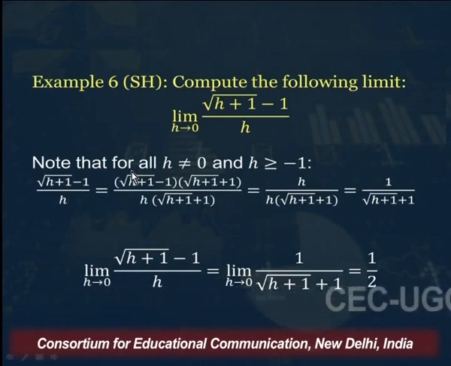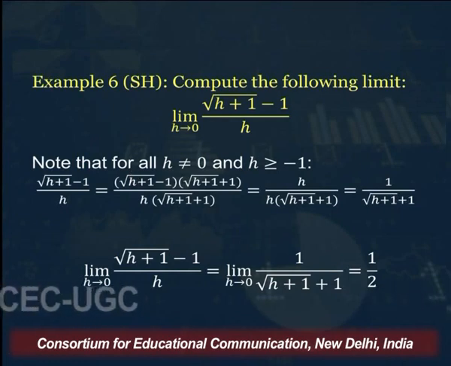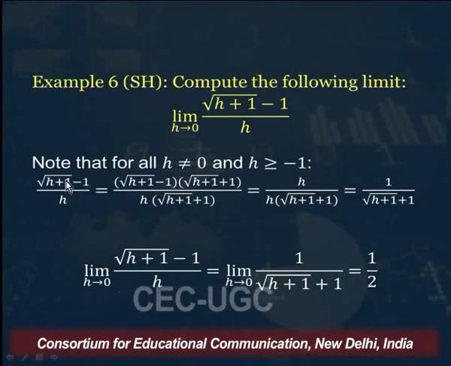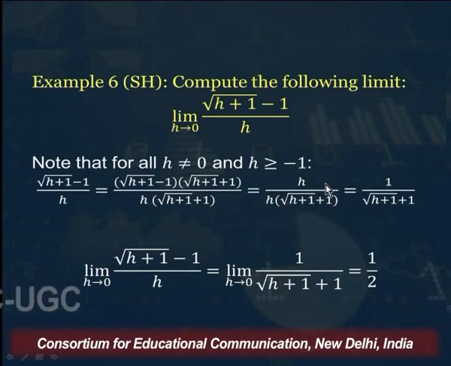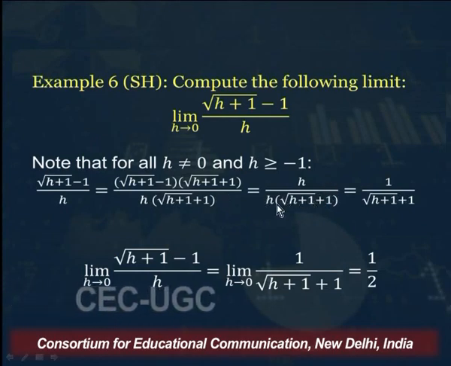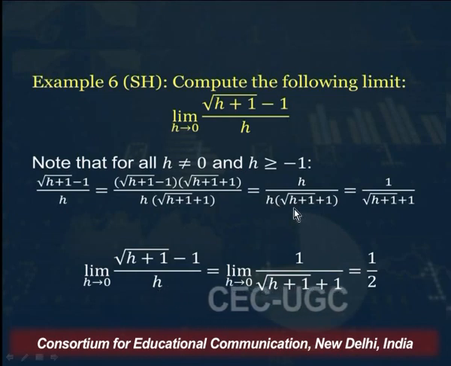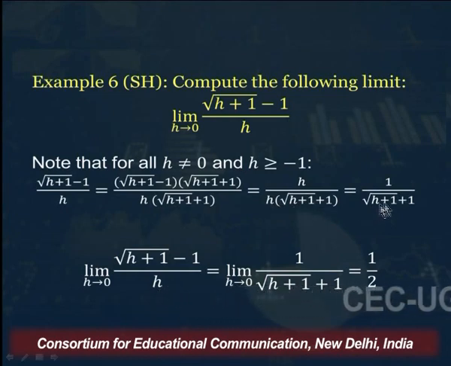So here you can see the strategy that I'm going to follow is I'm going to rationalize the numerator, right? So I'm going to multiply both the numerator and the denominator by square root of h plus 1 plus 1, and that gives me an h in the numerator. In the denominator I have h times square root of h plus 1 plus 1, and the h terms get cancelled.